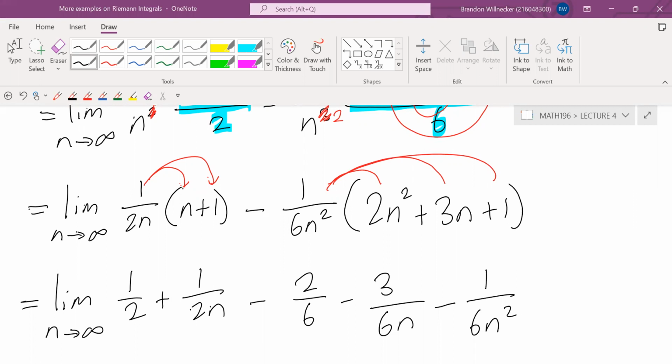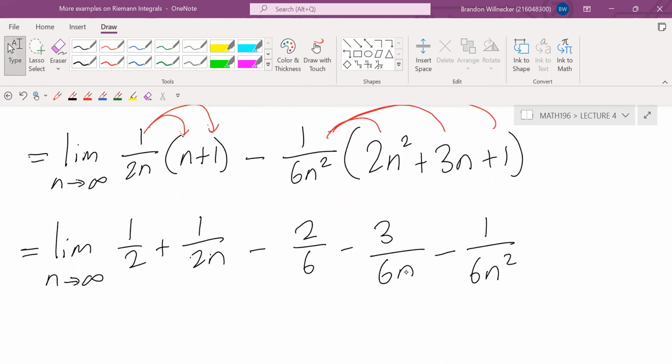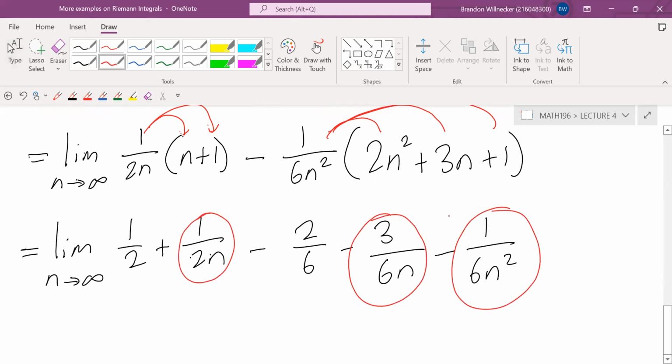Okay, so now the last step is to take the limit as n goes to infinity. Now, the only terms that are affected are this term, and this term, because they have n in the denominator.